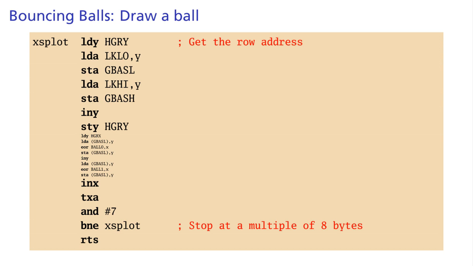So I wrapped it in a loop that first reads the next row address from the address lookup tables using the row number in the Y index register, which I increment before storing back in its HGRY zero page location. After XORing the 2 bytes, I increment X, which holds the index into the shape tables. To exit the loop, I look at the lowest 3 bits of this index. If they just became 0, we just finished drawing the 8th row of some ball, so we can return.